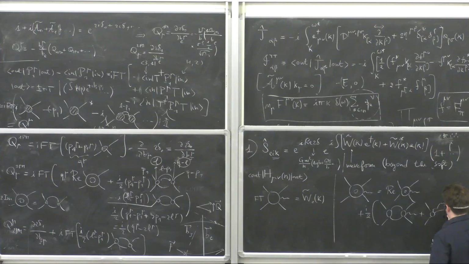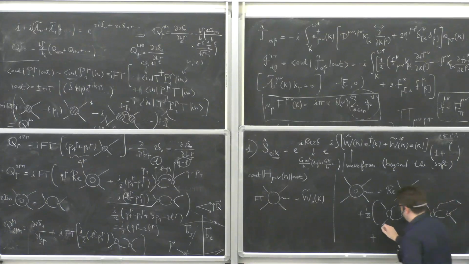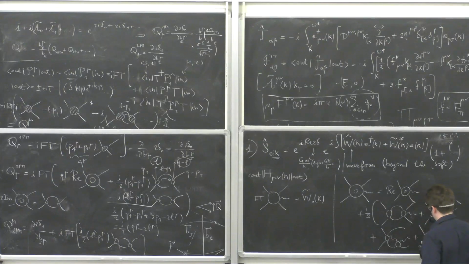So let me draw it like this. And then also we have new processes associated with the fact that you could have an intermediate state involving a massive particle and only a graviton, which then needs to re-interact with one of the two particles. So this is the structure of the one-loop amplitude.